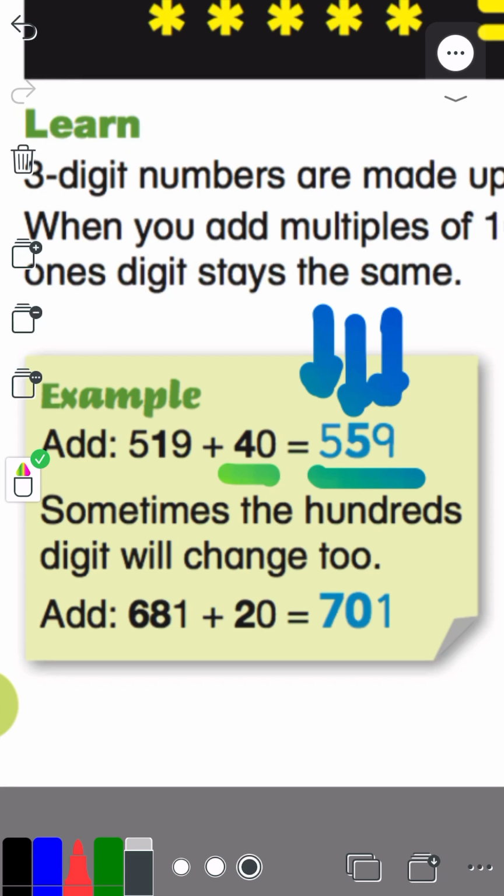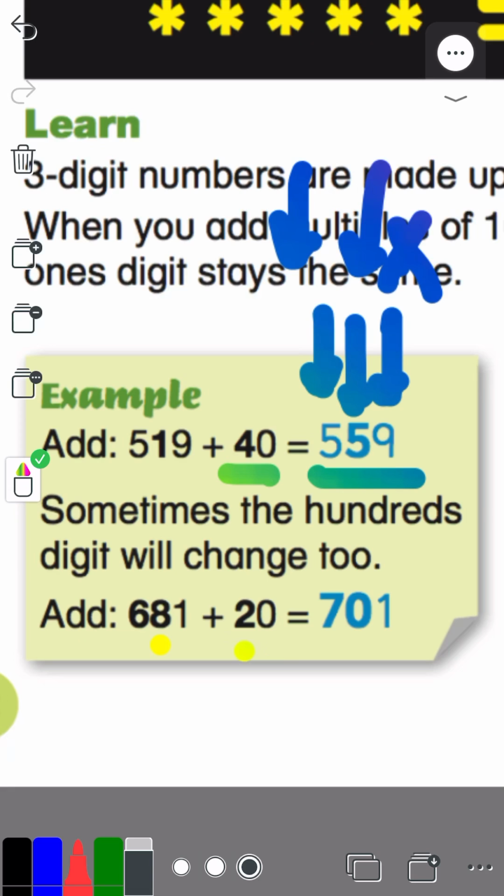So when we add multiples of 10, we always change the tens digit. The units digit stays the same, we don't change it. But the hundreds digit changes whenever we have 2 tens that total 10 or larger than 10.